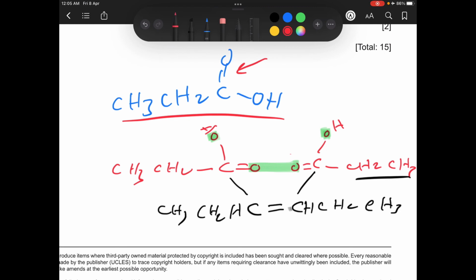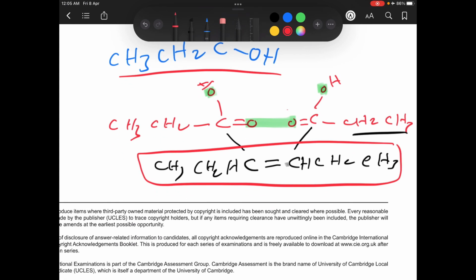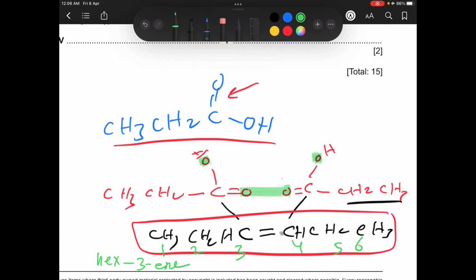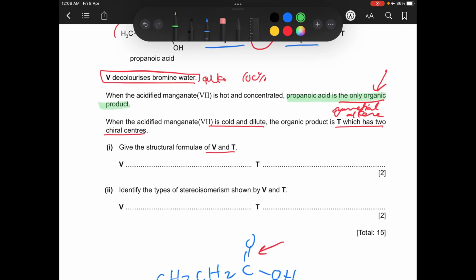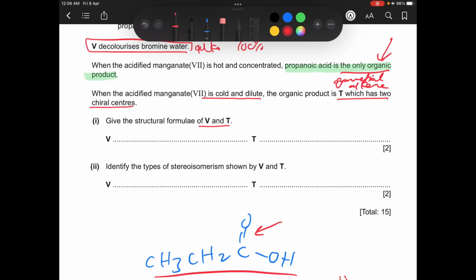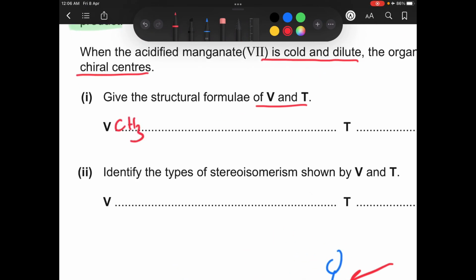So according to what we see, our compound is hexene. But where is the double bond? The double bond is in the third carbon. This is 1, 2, 3, 4, 5, 6. So this is hex-3-ene. So your compound is hex-3-ene. So the structural formula of the compound is CH3, CH2, CH, CH, CH2, CH3.